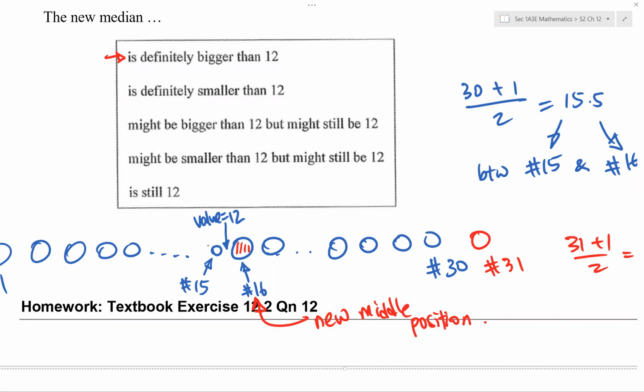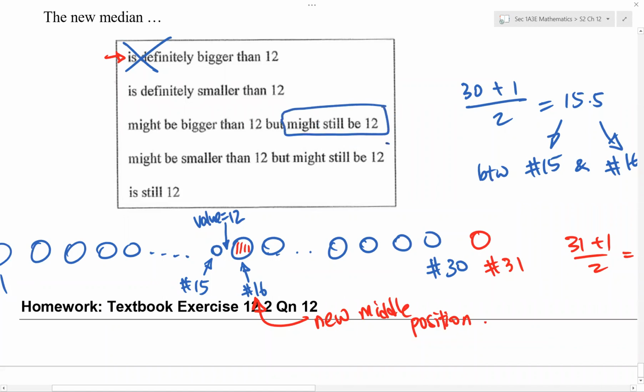So even though we add in an extra student, the new median could still be 12. So the first line is definitely wrong. And point number 3 might still be 12. Yes, this is valid. Okay, these two are valid.